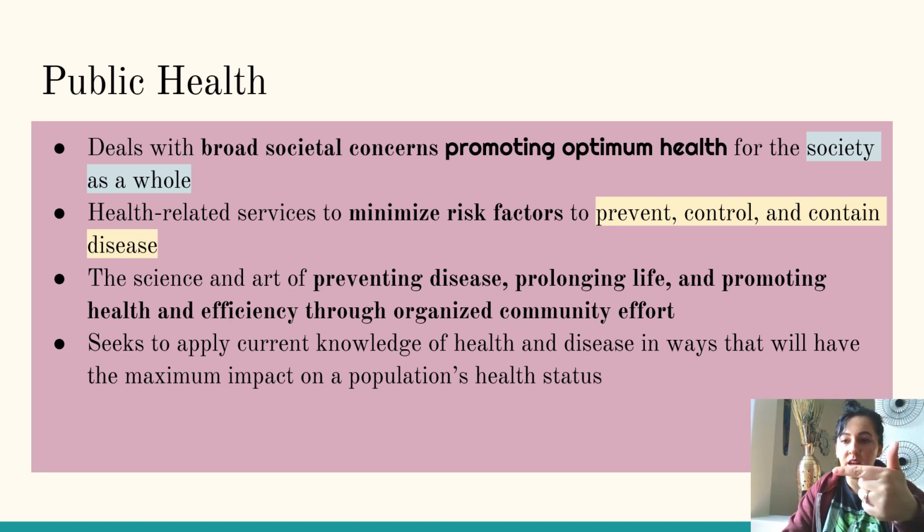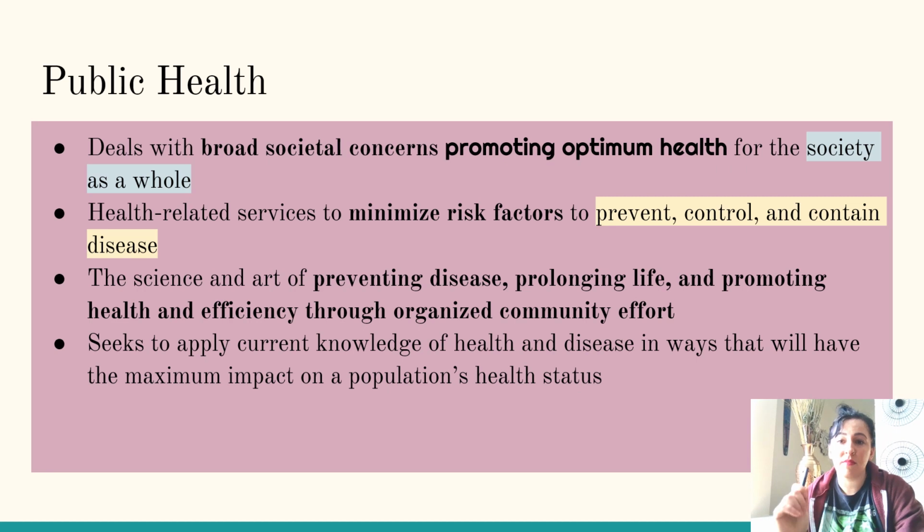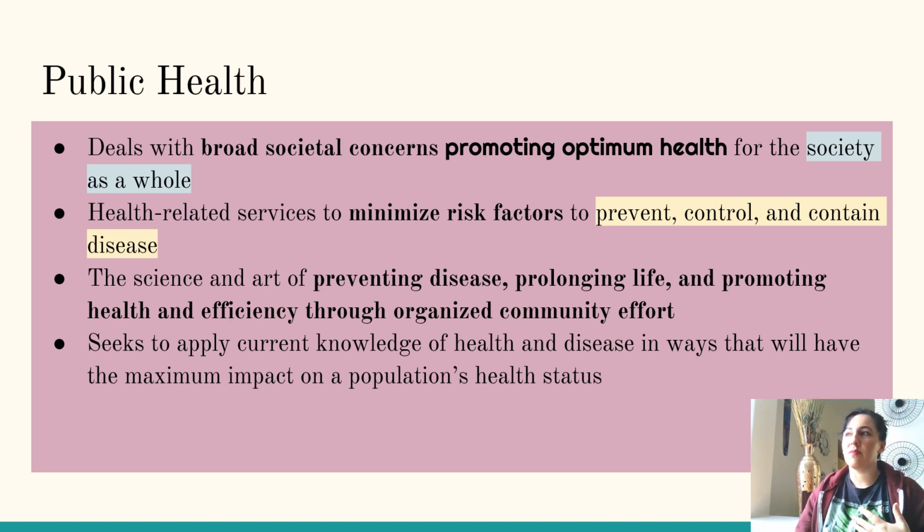Let's reduce all these risk factors. Let's try to prolong our life. Let's raise our longevity, our life expectancies. Let's promote health. Let's try to reduce heart attacks and just try to make the health of the population improve. Okay.